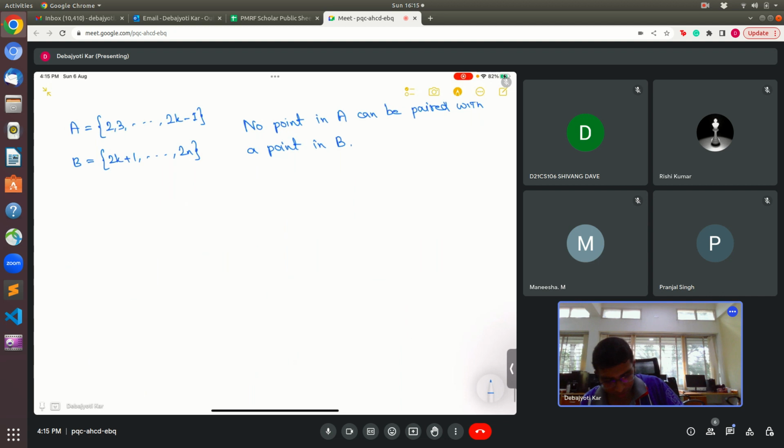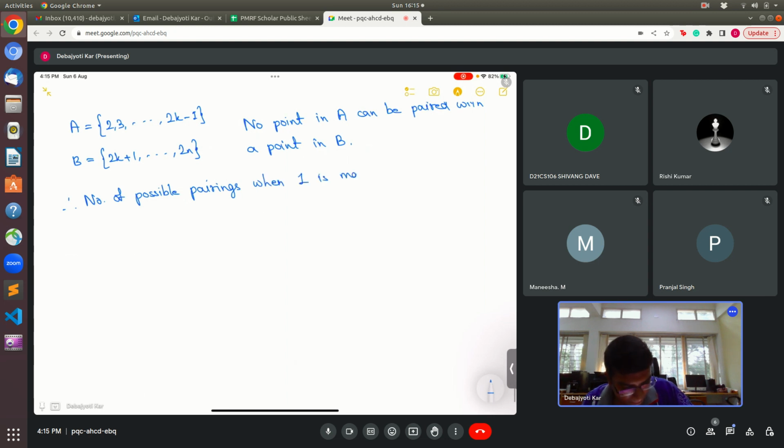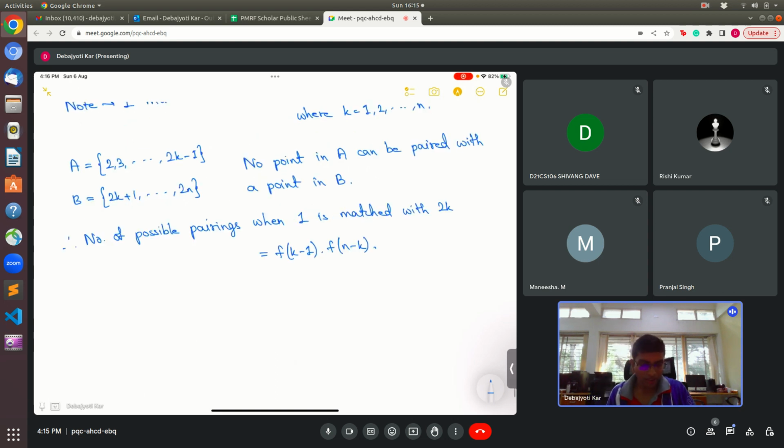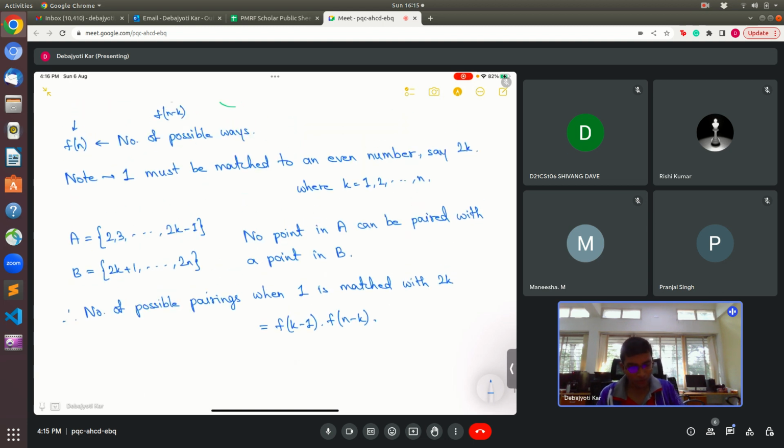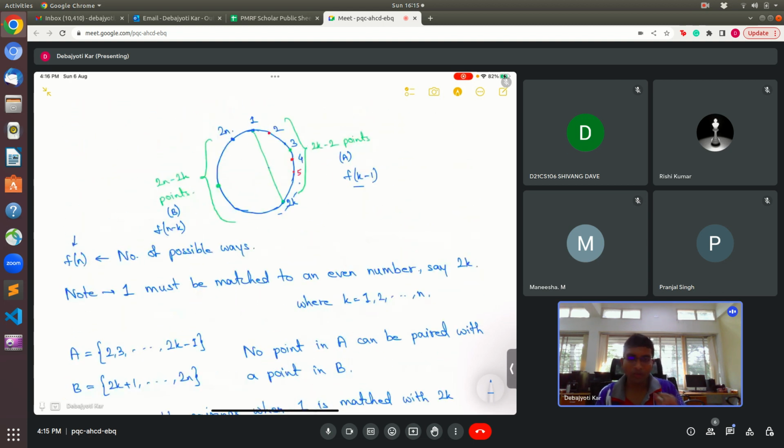So f of k minus 1 times f of n minus k is the number of possible pairings when we have matched 1 with 2k.